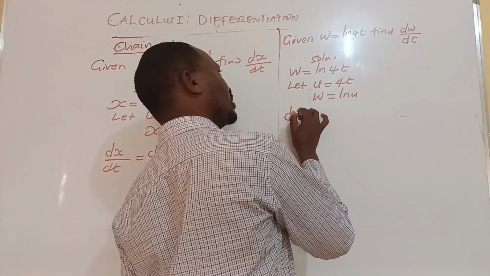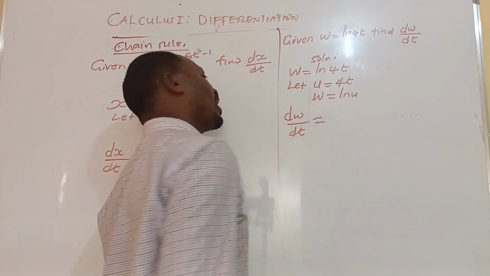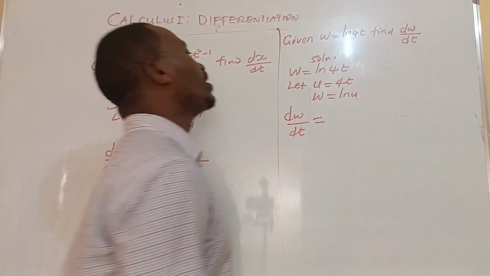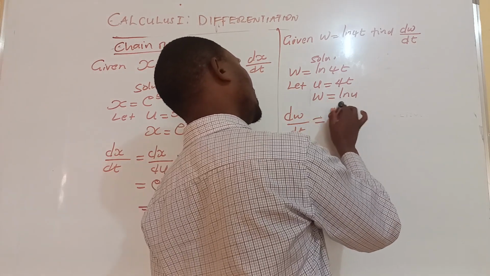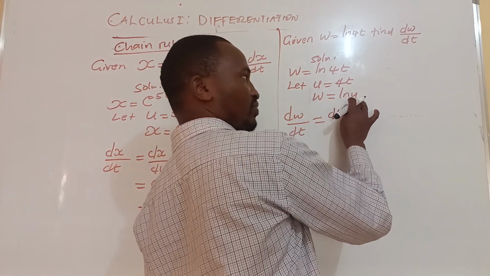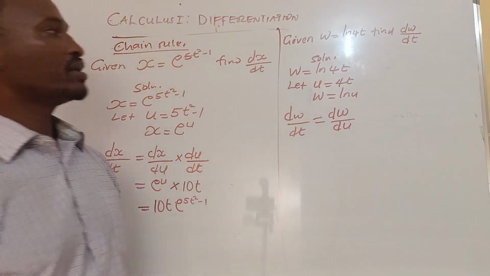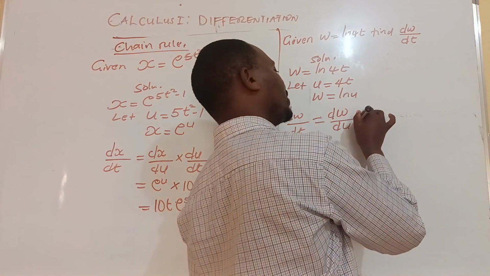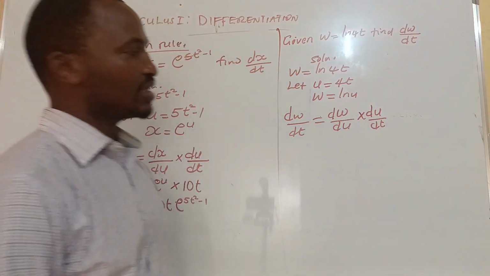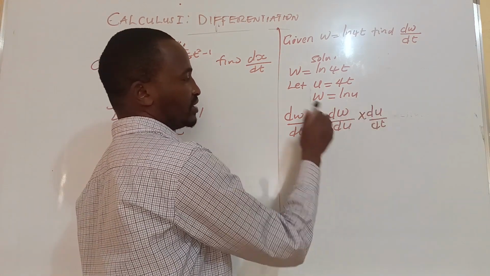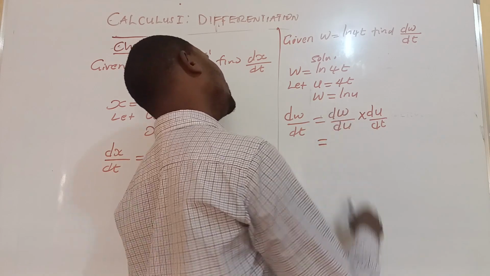We say dw/dt is equal to the derivative of the outer function, which is, if we differentiate w with respect to u, you get dw/du, times u, which is now a function of t. If you differentiate u with respect to t, notice again, if you cancel out du, you get dw/dt, which is what you want.